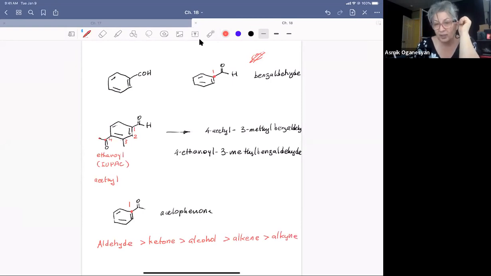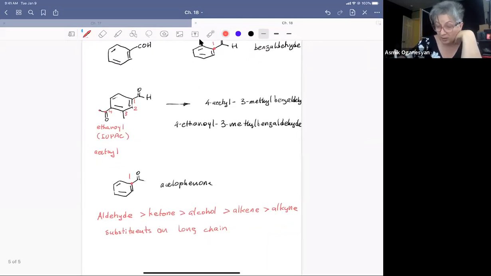Okay. And then within the long chain, your substituents will definitely come in alphabetical order. And those will be your alkyl. I'm not putting them in alphabetical order.